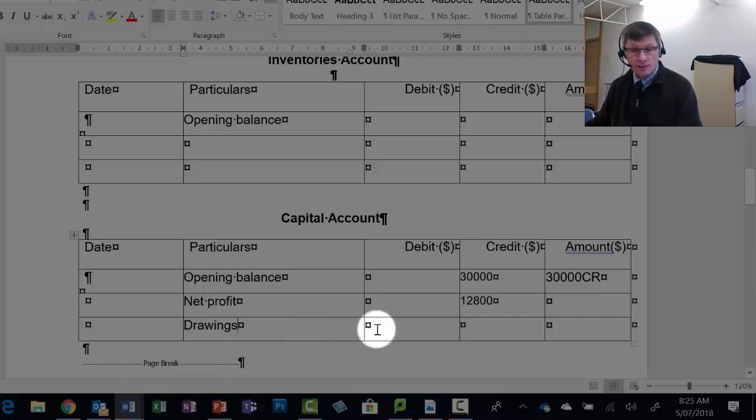Now we don't know what that is yet because we have to calculate that using this account. So let's just update after we put the profit in. $30,000 plus the 12,800 is going to equal 42,800. Whoops, didn't put it in the right spot. 42,800. That's credit. Now, drawings is going to reduce that down to the final balance.